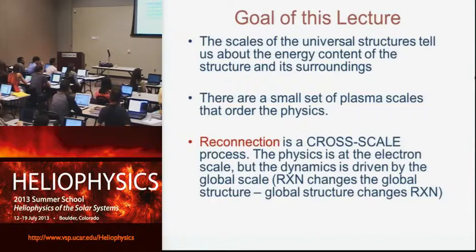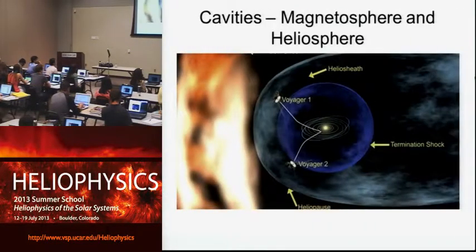The small scales determine the physics of the reconnection across the current sheet, but what determines the rate of reconnection or the structure of reconnection is the global scale, and how the small scale can change the topology of the field line, which impacts the global scale, and how that global scale impacts the rate of reconnection. So you have this two-way coupling between the scales, and so it makes it a little bit more difficult.